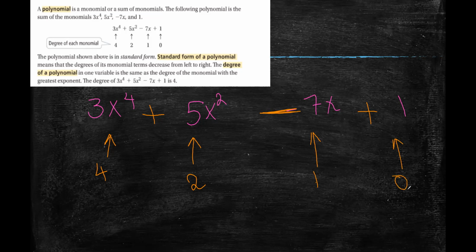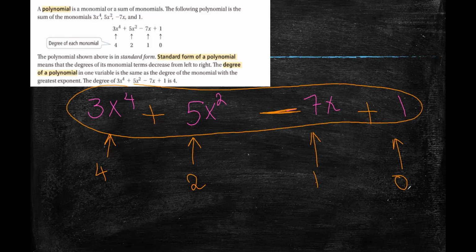Now, this polynomial, as it's written here, is written in order from the highest degree to the lowest degree. Look here, we have 4, the highest one, then we go to 2, then 1, then 0. We wrote it from the highest degree to the lowest degree. If you write it from the highest to the lowest, we say this is the standard form of the polynomial.